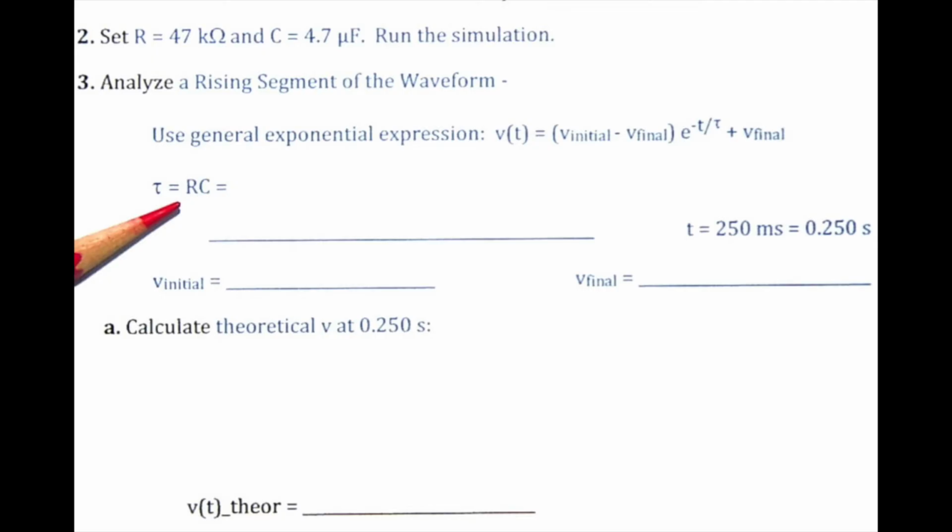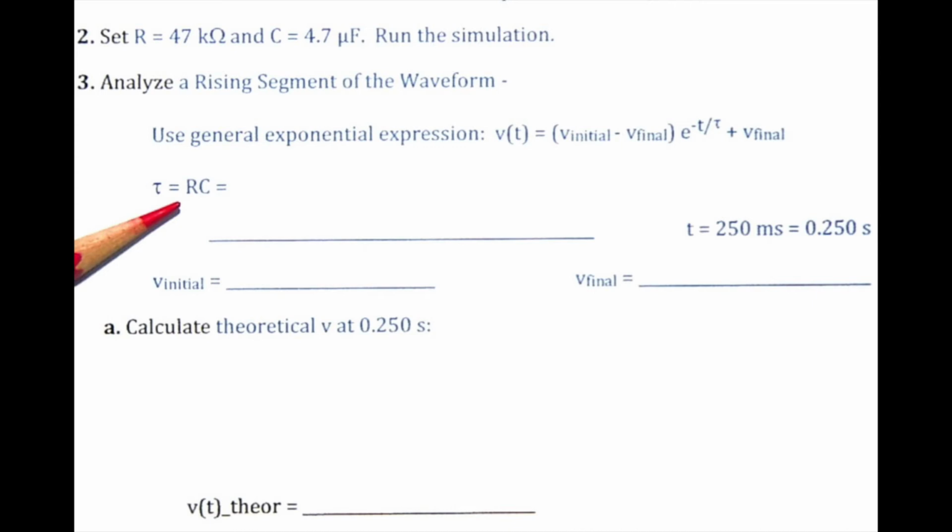Well, the time constant tau is equal to R, the value of R, times the value of C. R must be in ohms, and capacitance must be in farads, not microfarads, in order to get the time constant in seconds. Please multiply those out and put the value here.